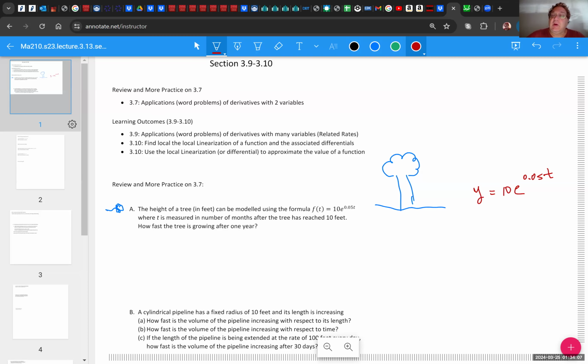As the problems get more complicated, this will be a habit that you will really appreciate. So t, according to the problem, is number of months after the tree has reached 10 feet. And we have the y variable, which is the height of the tree in feet.